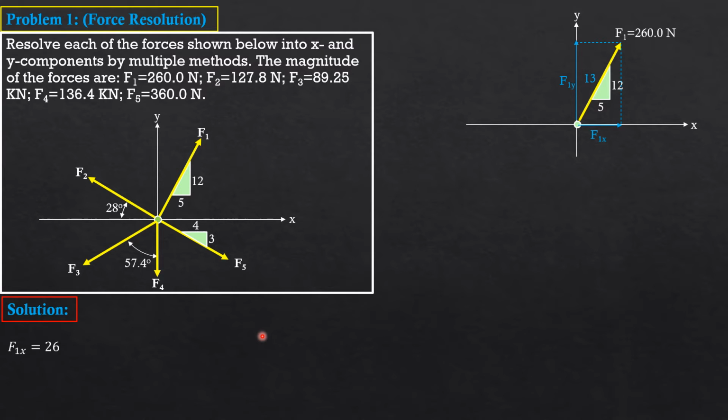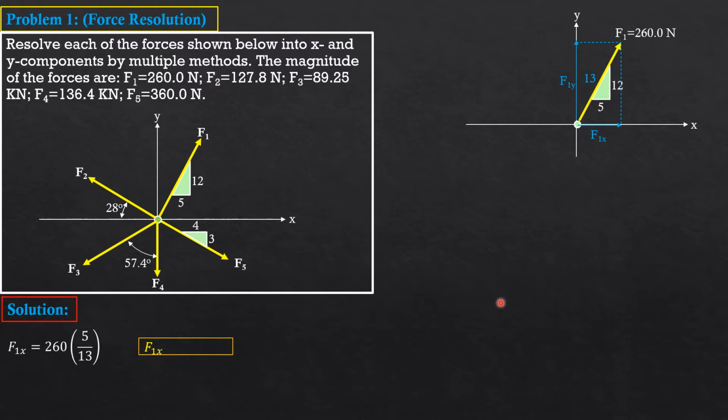Again, F1x is the magnitude of the force times the x component of distance, which is 5, divided by distance, which is 13. Then this is positive because the force F1 lies in the first quadrant. The x component is directed towards the positive x direction as shown. The y component is also directed in the positive, upward direction as shown.